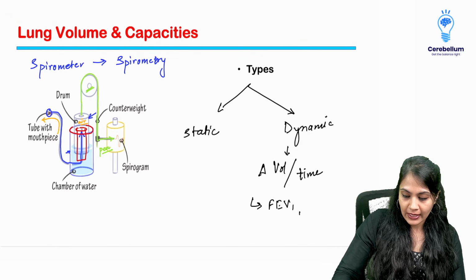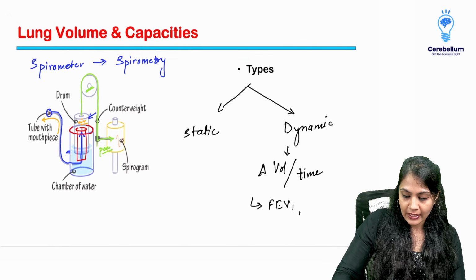These are the volumes, that is forced expiratory volume in 1 second, forced expiratory volume in 2 seconds, and forced expiratory volume in 3 seconds. All right. And if I talk about the capacity, then it will be FVC, that is forced vital capacity. We'll see that. The ratio also we can measure. All right. Static, in which we are going to just take the change in the volume.